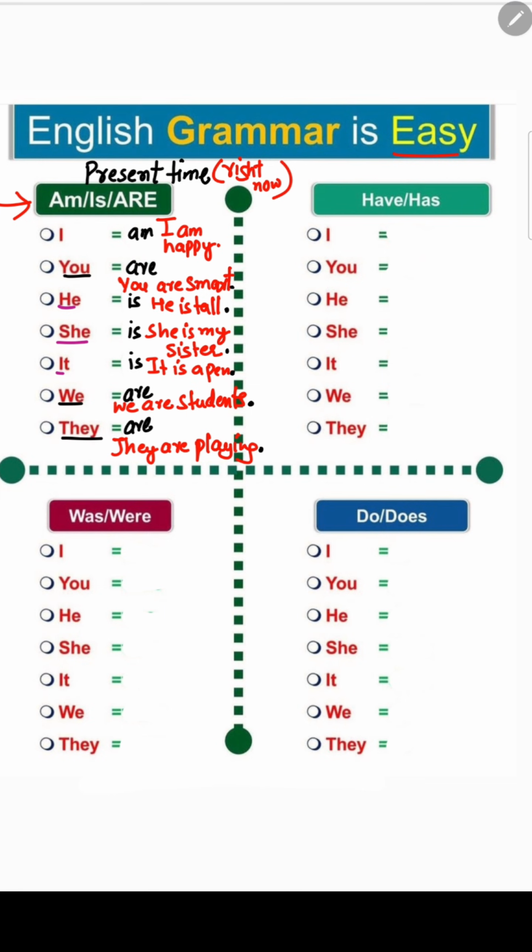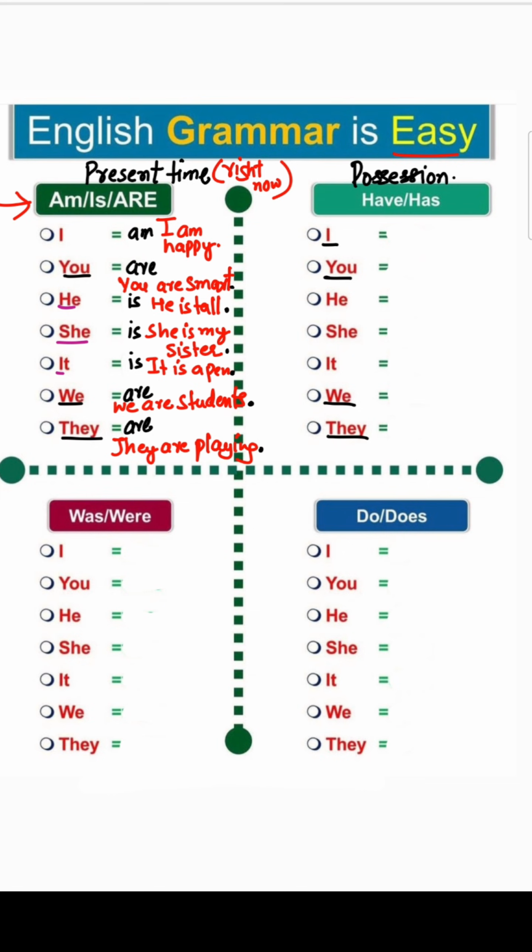Now, box number 2. Has or have. We use this for possession. Means someone owns something. So here, I, you, we, they.